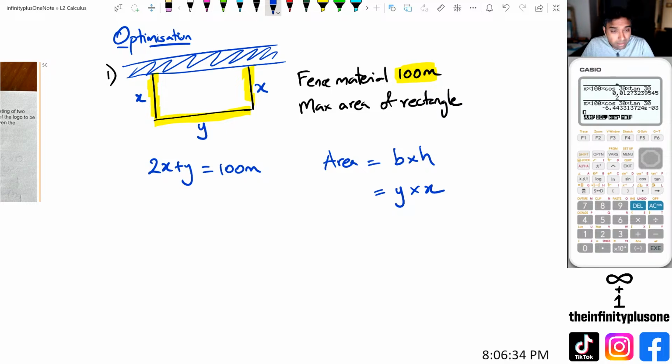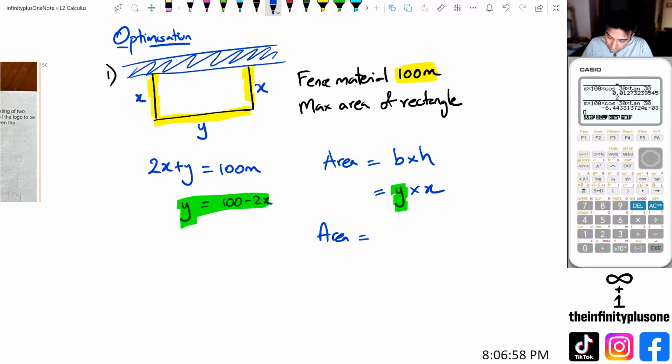So to do this, I'm going to get rid of either y or x. It doesn't matter which one you get rid of. I'm going to get rid of y in this case. So I'm going to rewrite y as 100 minus 2x. And by doing this, I can replace y with 100 minus 2x.